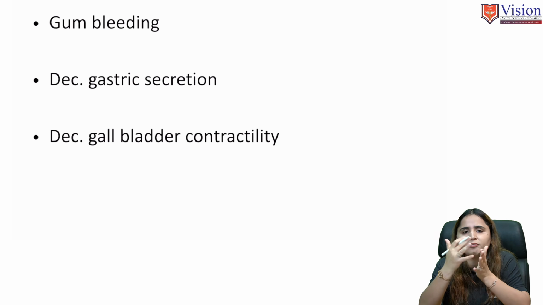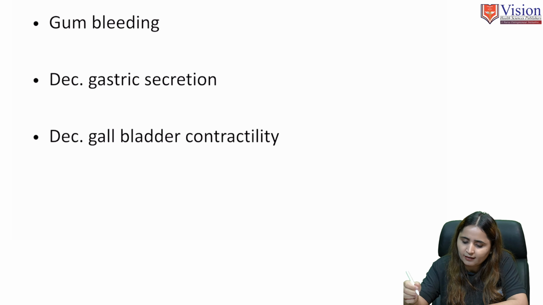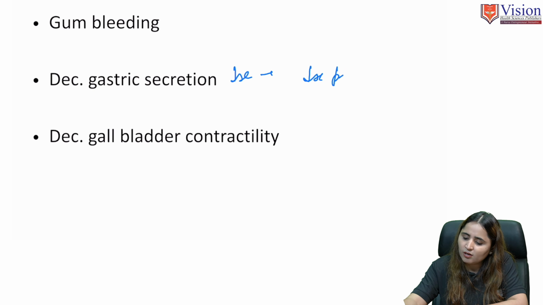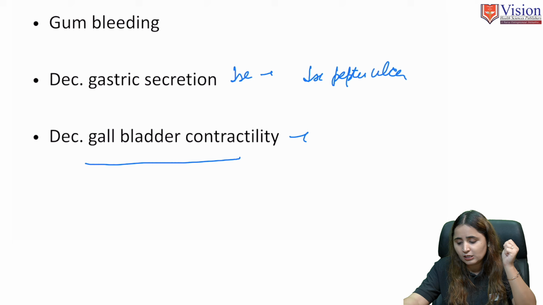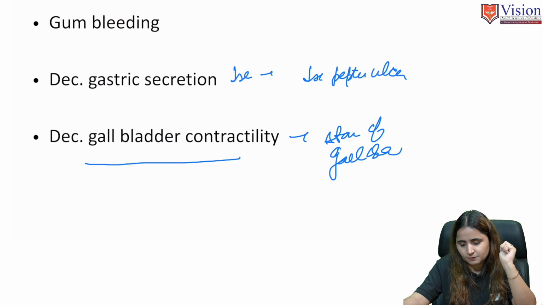The gums become softened and bleed, and there is a decrease in gastric secretion, due to which there is a decreased chance of peptic ulcer, and gallbladder contractility decreases, which will lead to gallbladder stones.